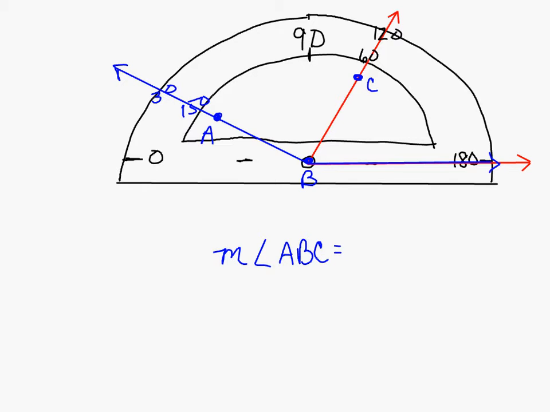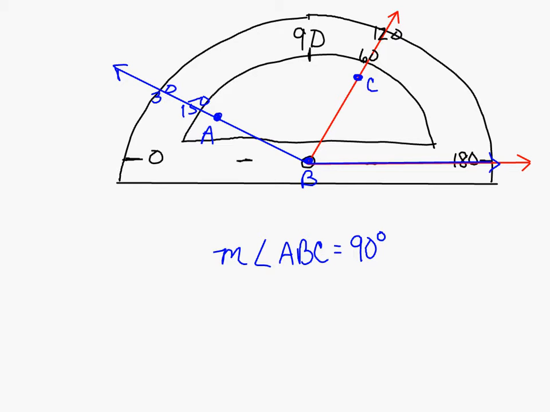How'd you get that? You found the difference between the 60 and the 150, didn't you? And that was how much? 90. Good. You could have found the difference between the 130 and the 120 as well, because that's 90 degrees too.